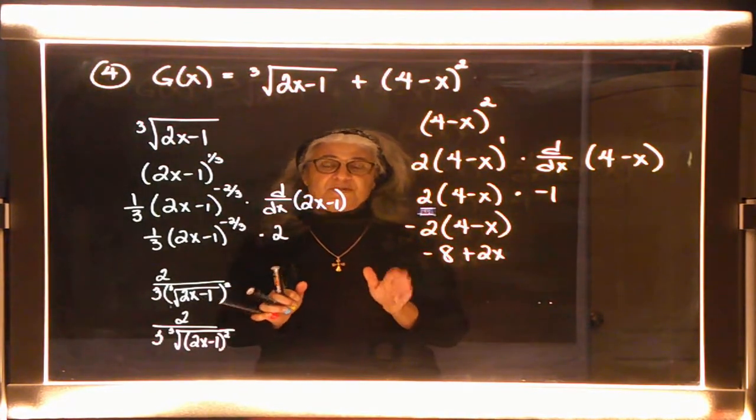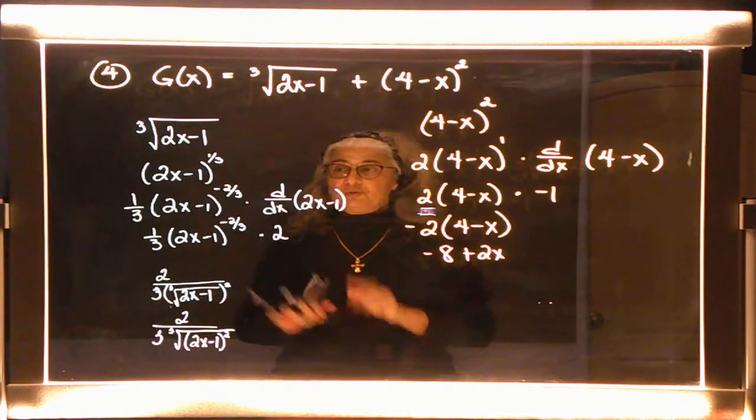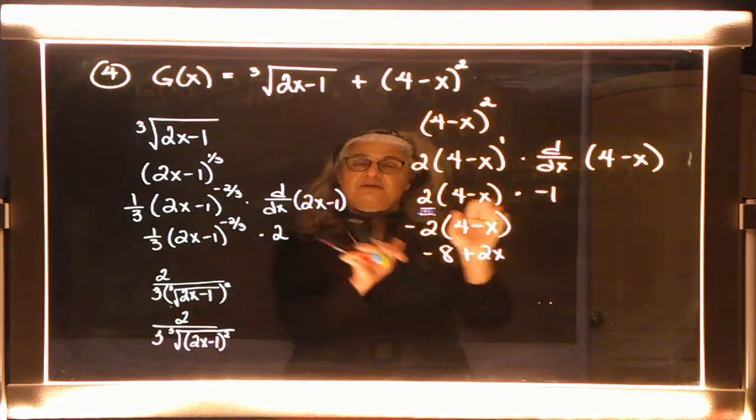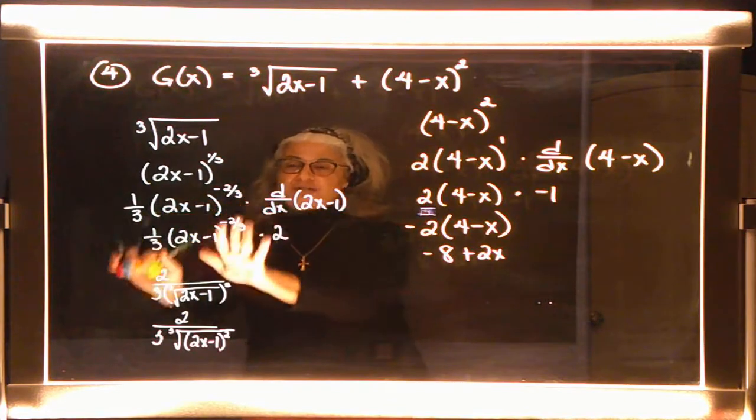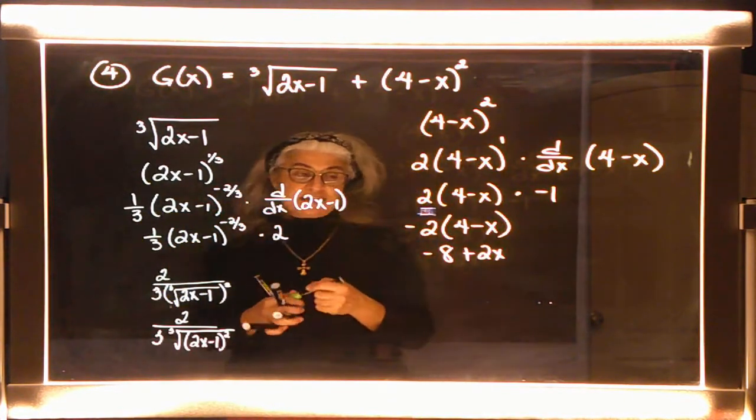Agreed? Okay, so remember, when you have an addition sign between them, or a subtraction sign, you take them individually, and then finally, we get to put them back together.